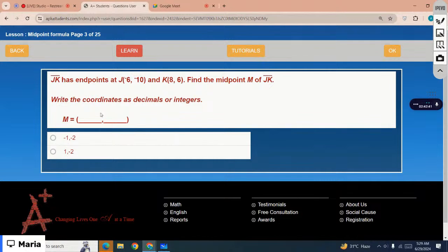The correct option is option number 2, that is 1 and negative 2.